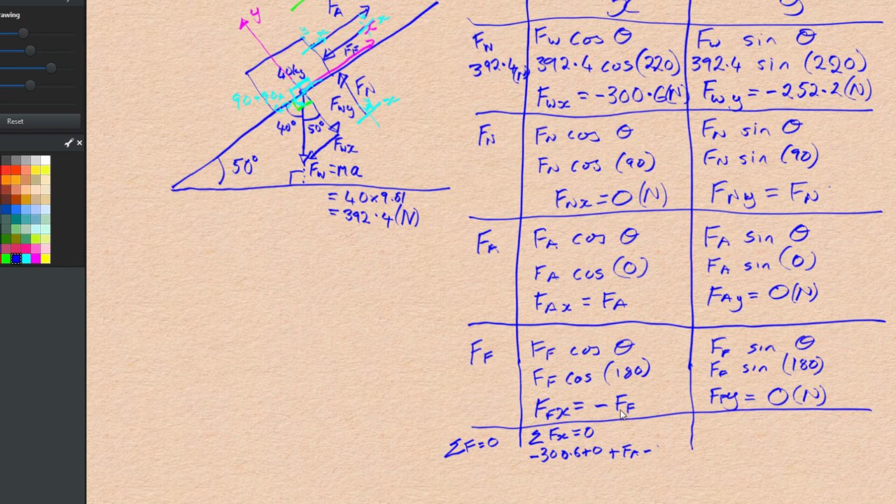Oh, I've done it again. Instead of writing FF, no, I'll leave that there. This would also be equal to minus mu times Fn, because it's our formula over here. Our friction force is equal to mu times our normal force. So if we've got minus the size of the friction force, it'll be minus the size of Fn times mu.